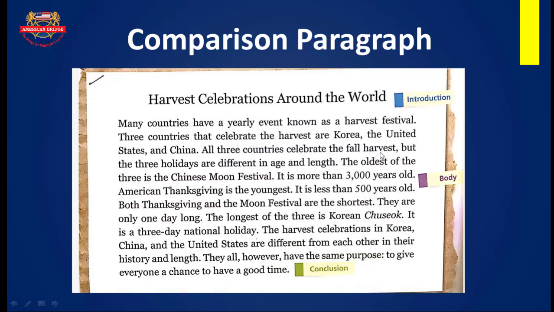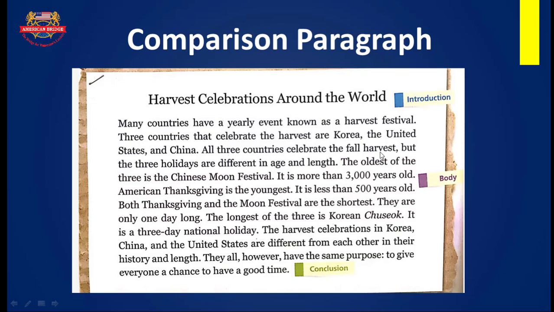So what are you going to learn about the different ages and length? The body describes the ages: which festival was born first, like the Chinese Moon Festival, 3,000 years old, and American Thanksgiving just 500 years old.